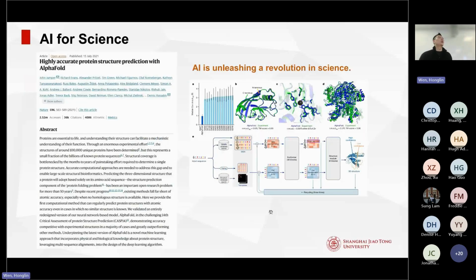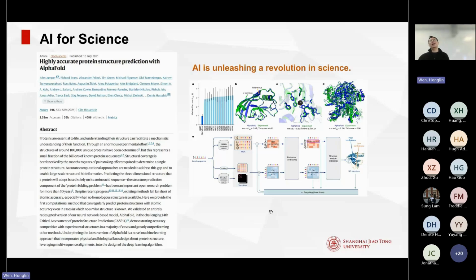We know that AI, since AlphaGo or ImageNet, has caught great attention all over the world. And in the science domain, we know AlphaFold is maybe a signal of AI for science. This paper was published in 2021, and the work was done in 2020, and it won the Nobel Prize last year, right?